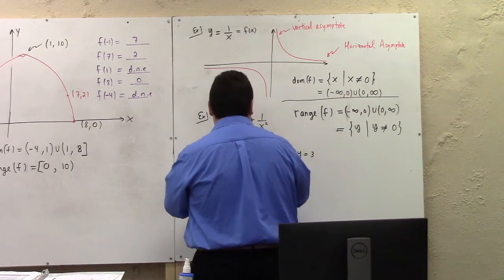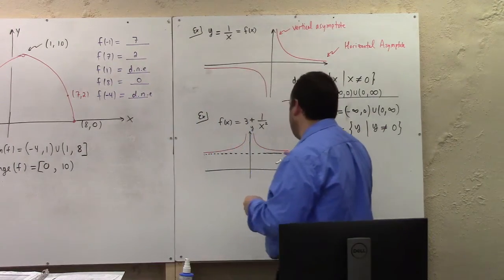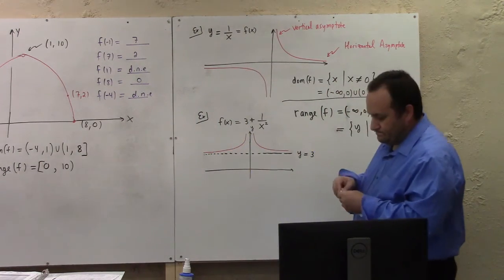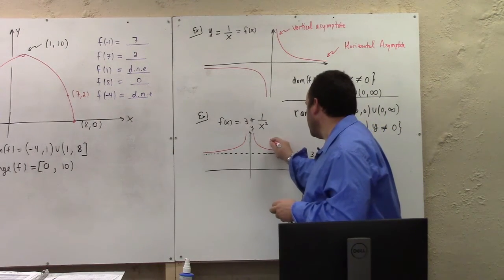So I always think of this function as the volcano function. This is the volcano function shifted up 3, for what that's worth. So this is y equals f of x.